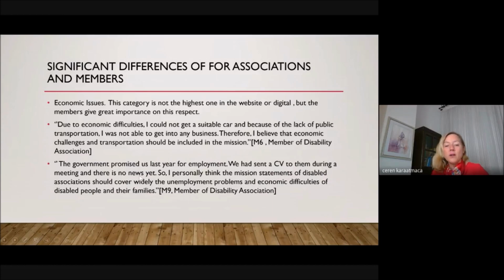And member 9 says, the government promised us employment last year. We sent a CV to them during a meeting and there's no news yet. So I personally think the mission statements of disabled associations should definitely cover the employment problems and unemployment problems and economic difficulties of the disabled people and our families.